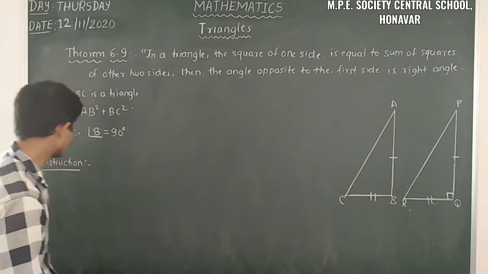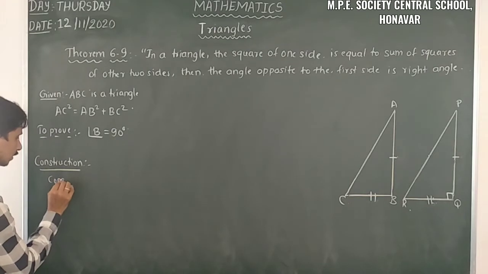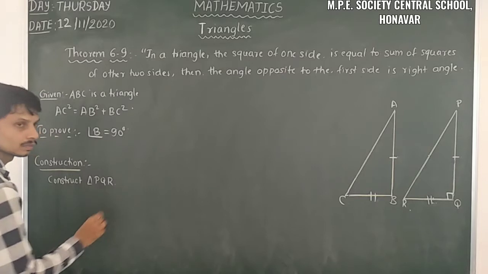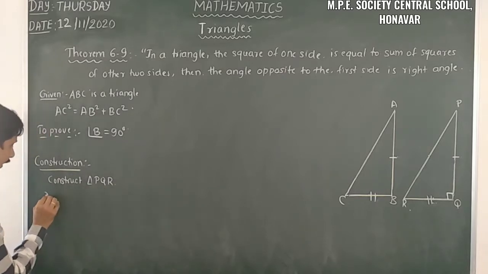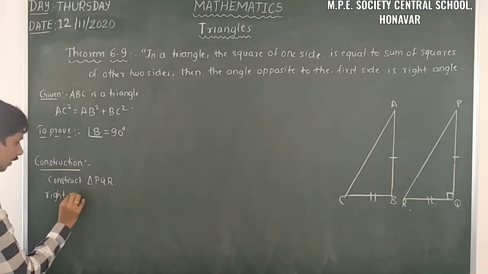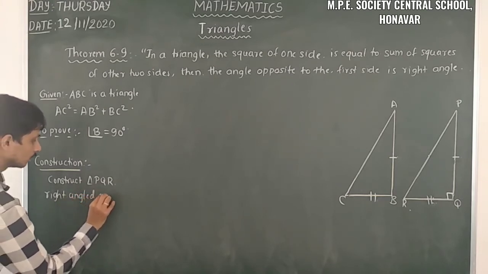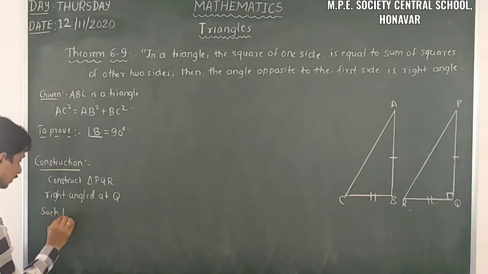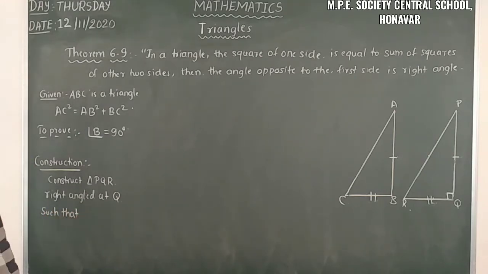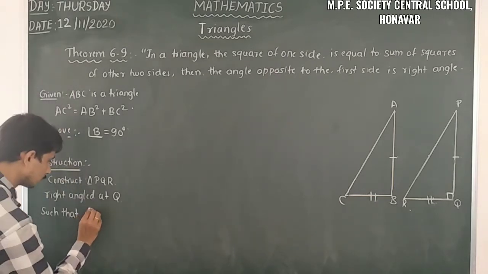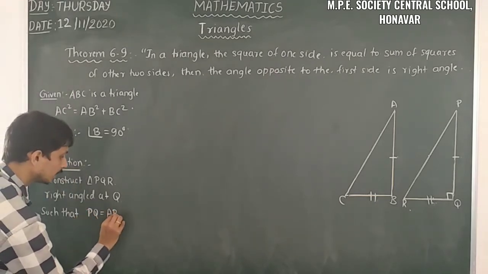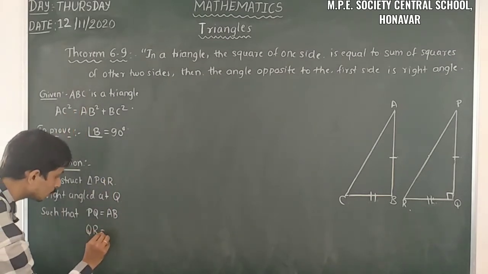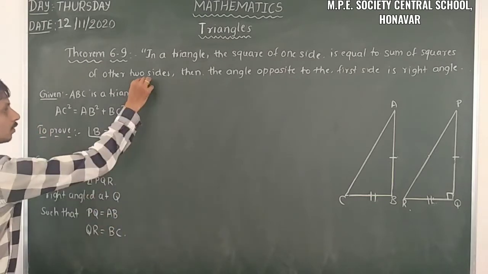So construct triangle PQR right angled at Q such that PQ is equal to AB and QR is equal to BC.